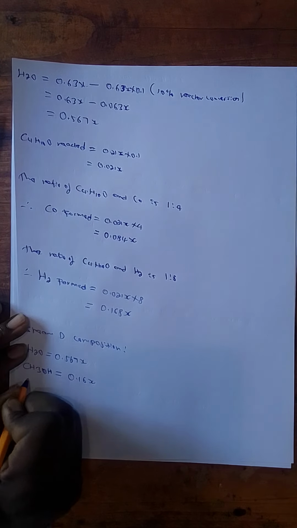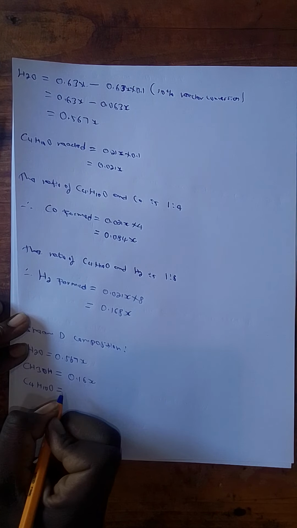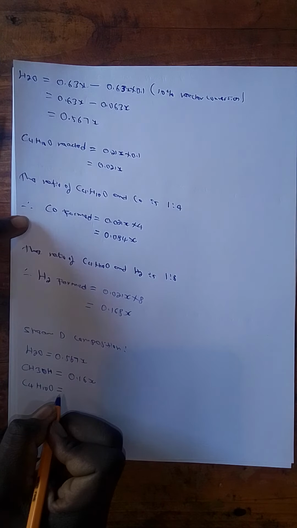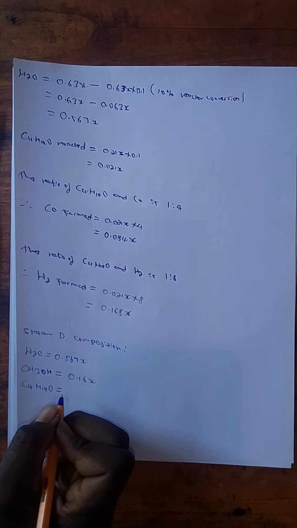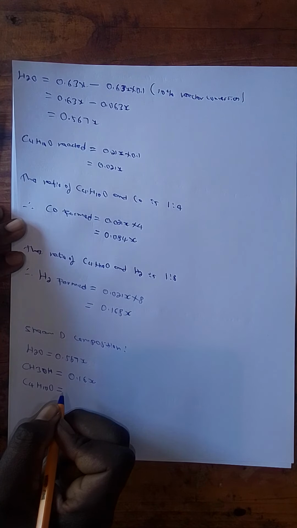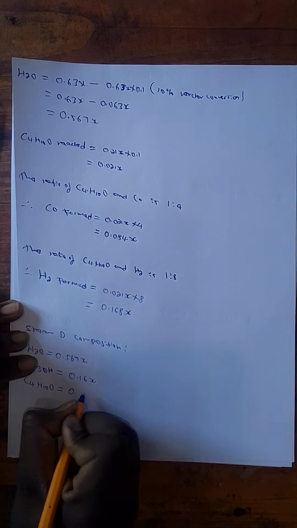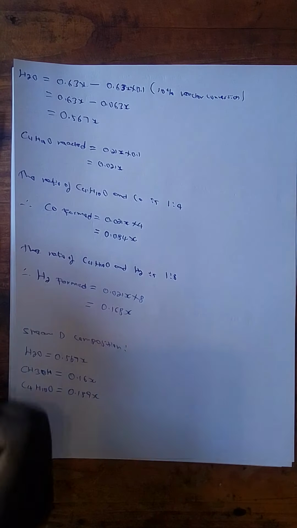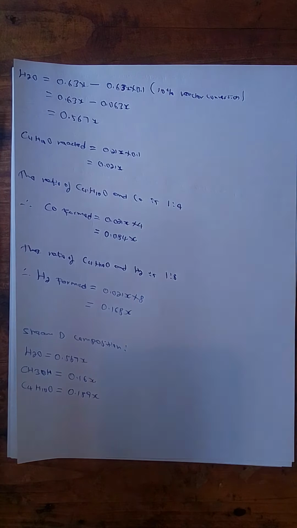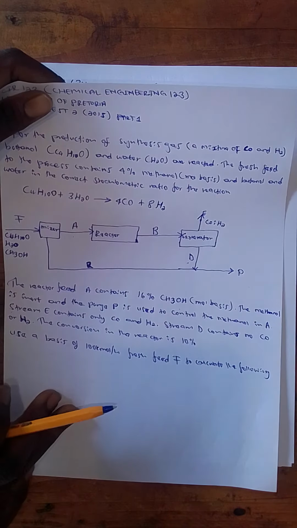And the butanol, C4H10O, is equal to 0.189x. So this is basically stream decomposition. It's just a repetition of B, but without CO and H2 because there was a separation there.